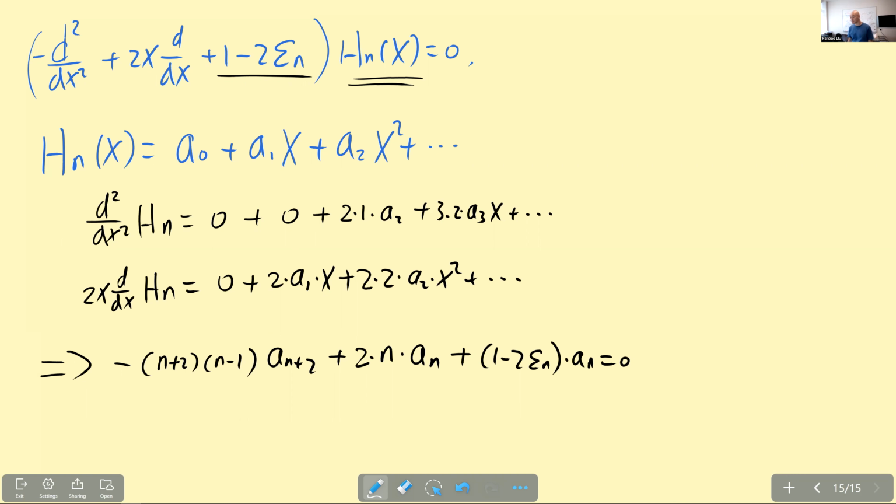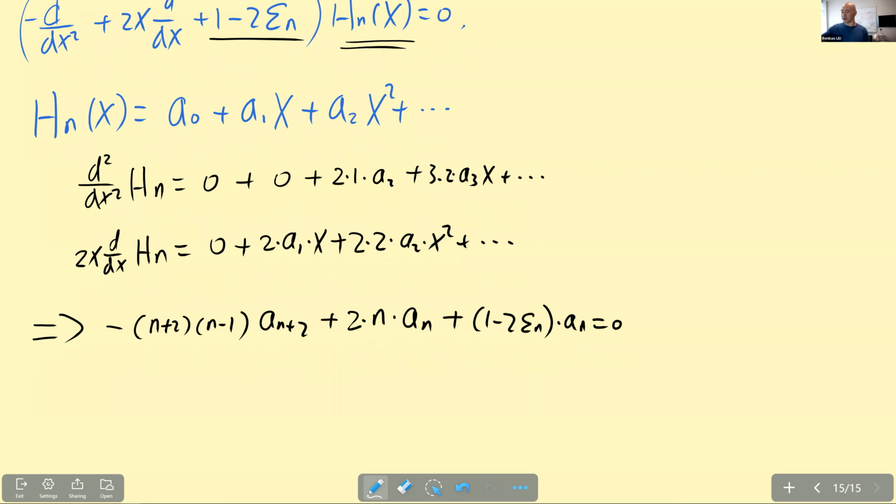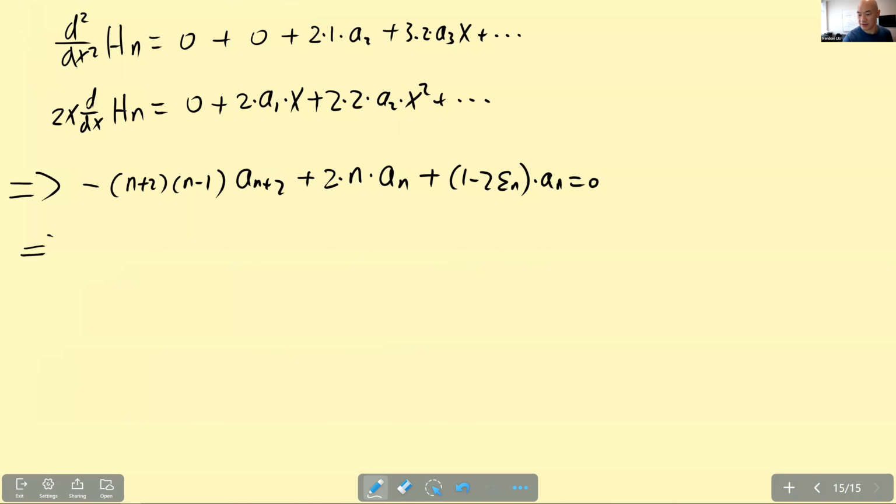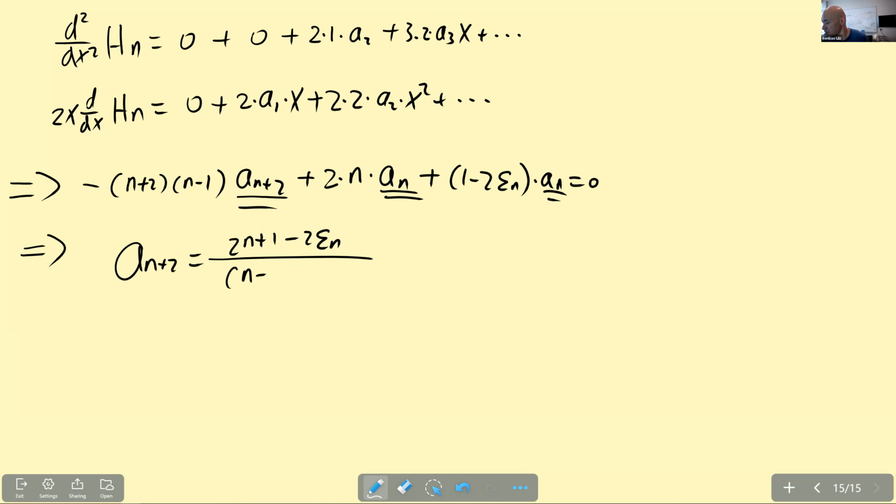This gives you not a solution but an iteration equation. Once you know a_m, you can know a_{m+2}. So a_{m+2} equals (2m plus 1 minus 2 epsilon) divided by (m plus 2)(m plus 1), times a_m.